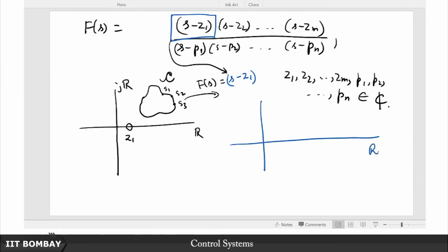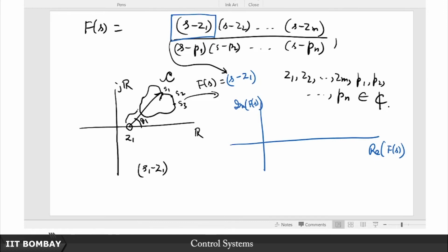Now you see, if you pass this through F(s), what is this map going to be like? This is going to be the real part of F(s) and this is going to be the imaginary part of F(s). This is going to be actually pretty simple. For example, you take this point S1 here, and this angle is, let us say, theta 1. So what is S1 minus Z1?